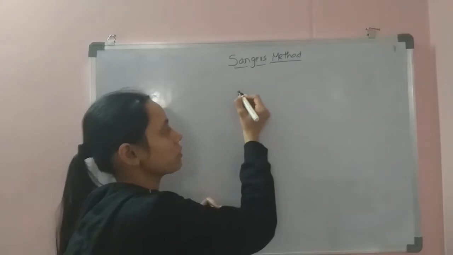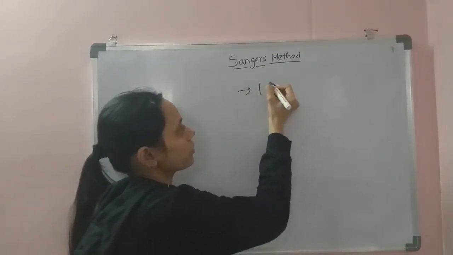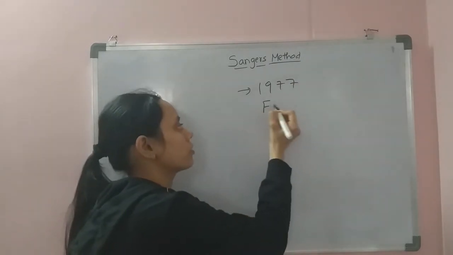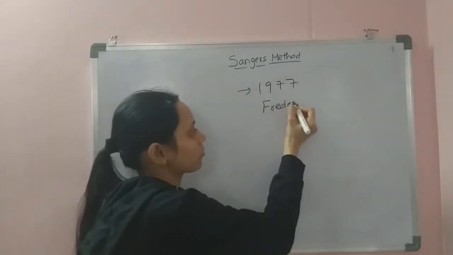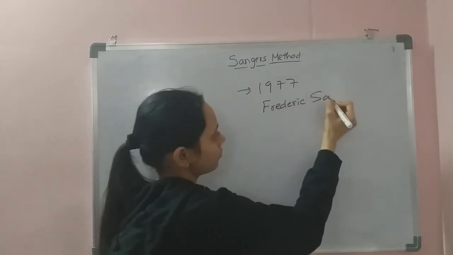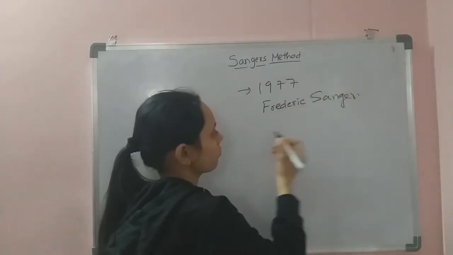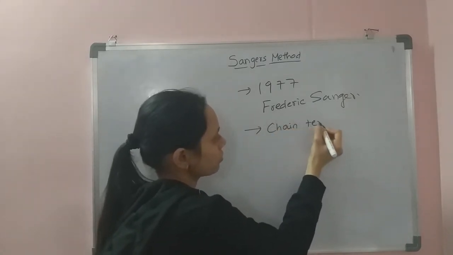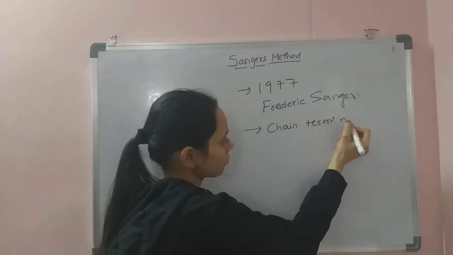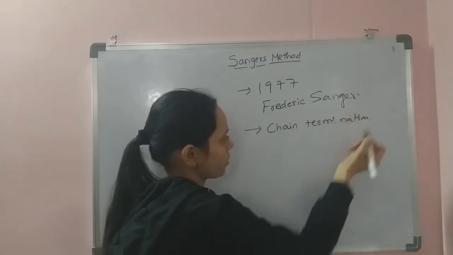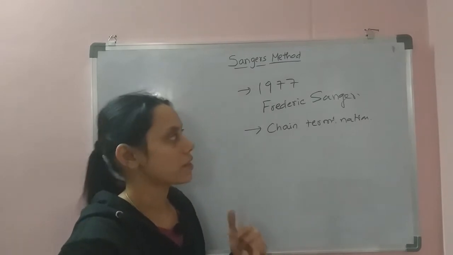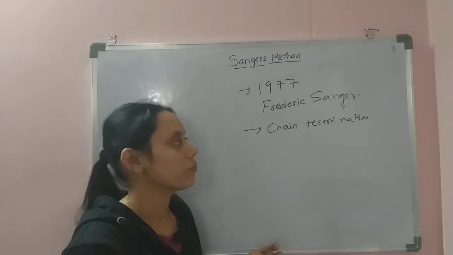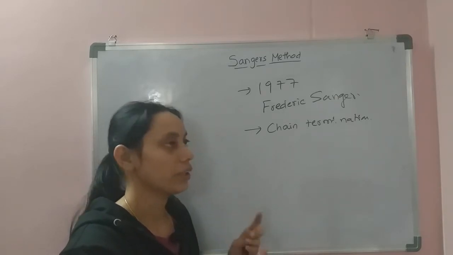It was developed in 1977 by the scientist Frederick Sanger. This is also known as the chain termination method.